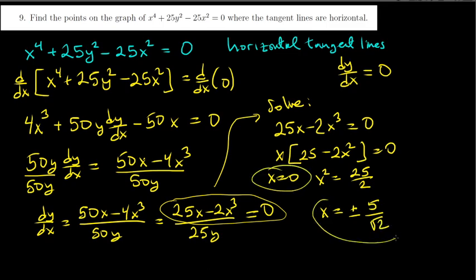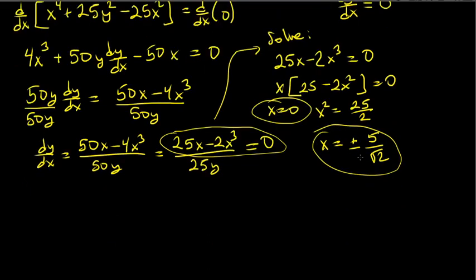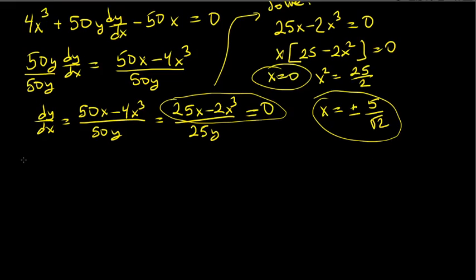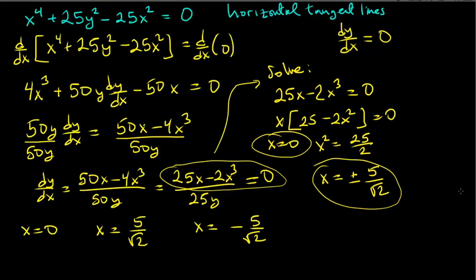So we actually get 3 solutions to this equation, right? It's a cubic equation, so you can get up to 3 solutions, and we got 3 solutions. Here they are again, x equals 0, x equals 5 over root 2, and then x equals negative 5 over root 2. Okay.